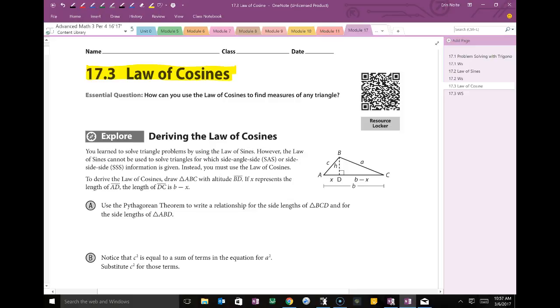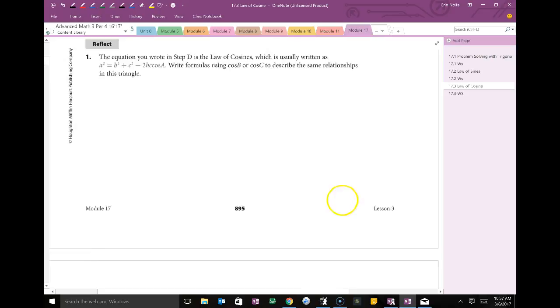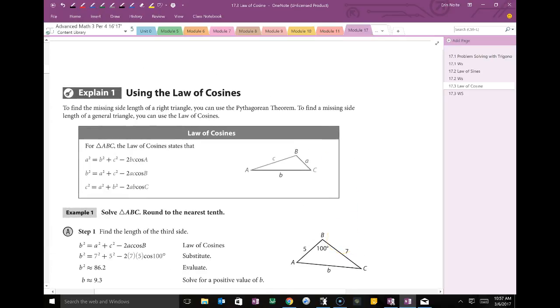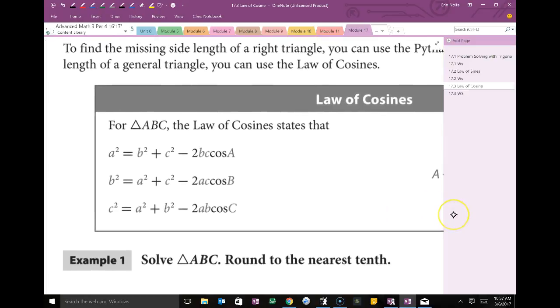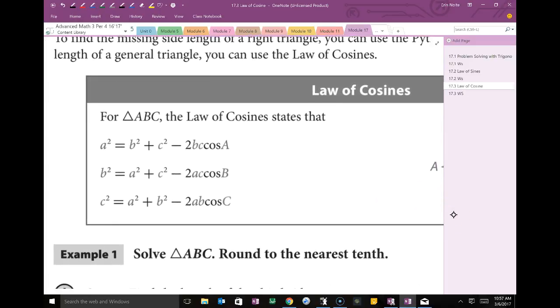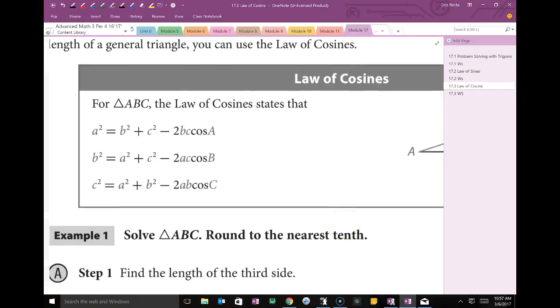I think it's pretty cool, but you might get lost in it a little bit initially, so I think I might show that to you on Wednesday. I would rather have you focus directly on the exact law. Here's the law of cosines. I will let you write this down.